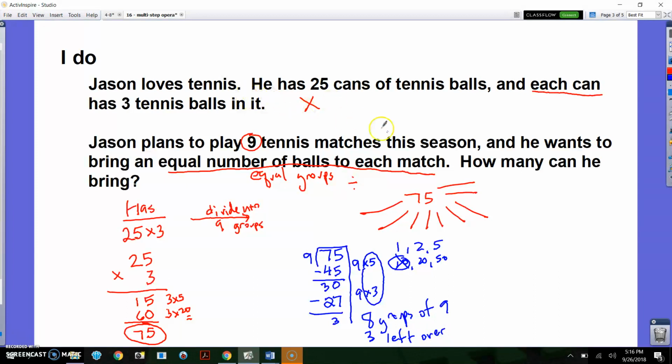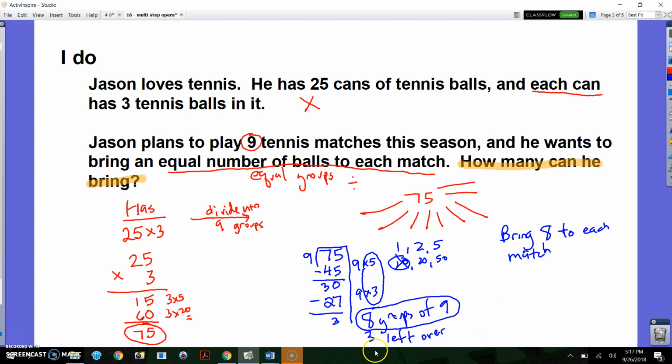So, I guess my question is, how many can he bring to each match? So, looks to me like he can bring 8 to each of his 9 matches. And let's think through my remainder possibilities here for this other 3. So one possibility is he can just leave these 3 out.